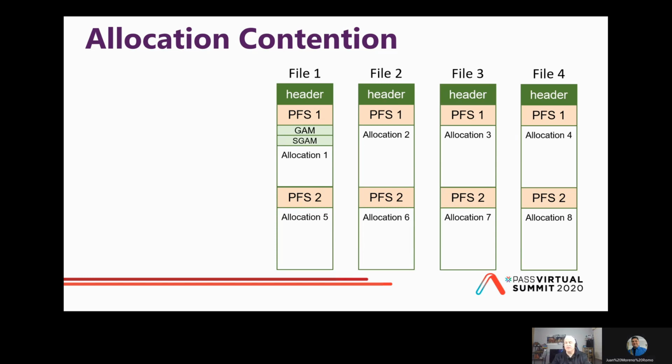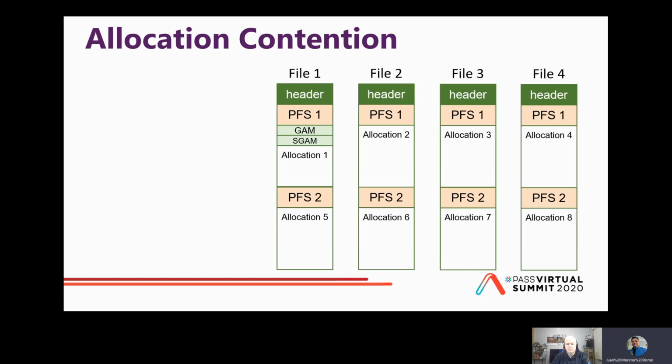Based on this example. Okay. Exactly. So sometimes depending on the size of the files, we have only one GAM or one SGAM page. Sometimes we continue seeing allocation contention, but not in PFS page, but in SGAM page.